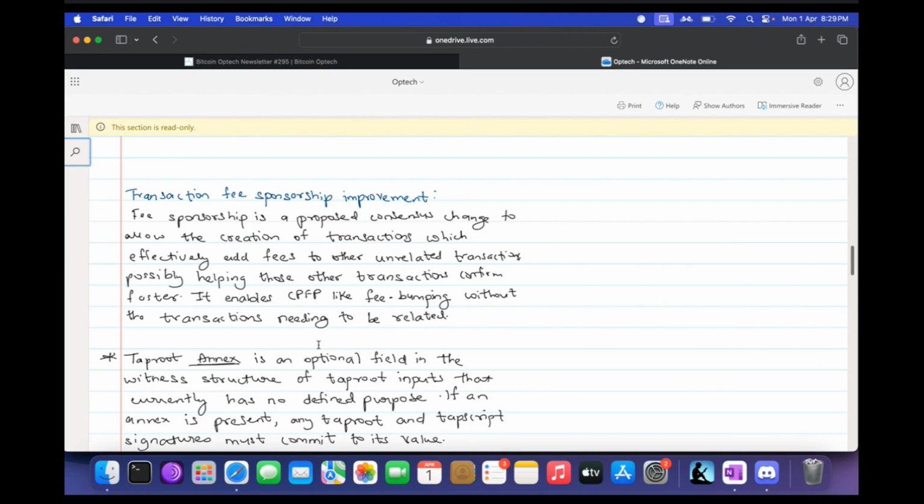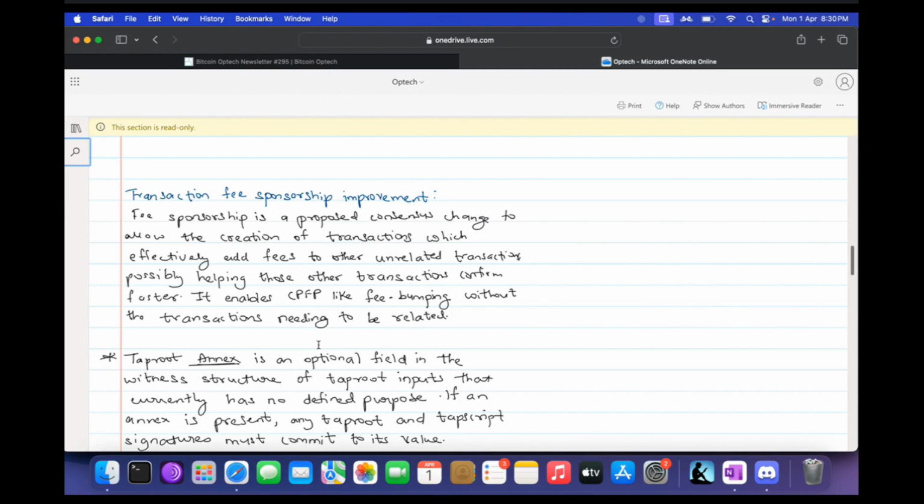So there's this placeholder in annex currently, to the best of my information. Bitcoin nodes do not relay any transaction that has any data in annex. It's an optional thing right now, but it's not standardized as of now. It might be used for future implementation. So what the proposal says is, for instance, there's a transaction A which needs its fee to be bumped.